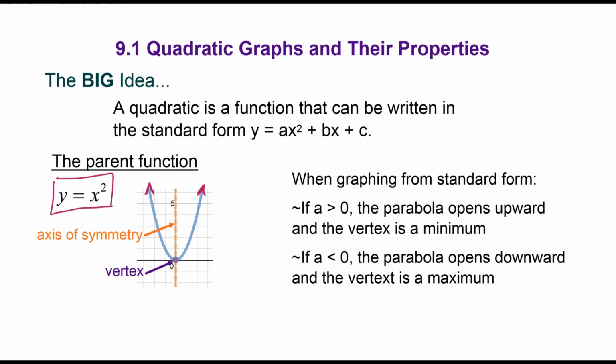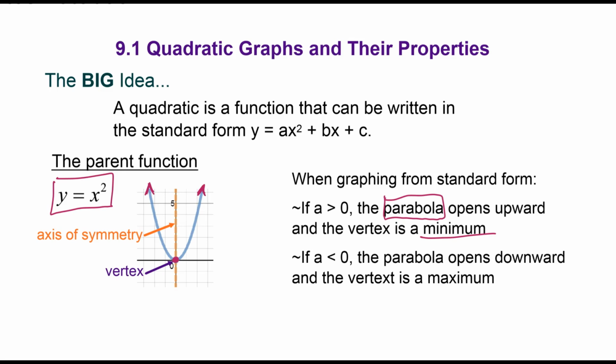You are going to get a parabola, and like we do in class, I want you to say parabola out loud right now. Go say parabola. When you are graphing a parabola in standard form, if a is greater than 0, then the parabola is going to open upwards, and the vertex is going to be a minimum. If a is greater than 0, like it is in this case, your vertex, the tip of your parabola, is going to be a minimum.